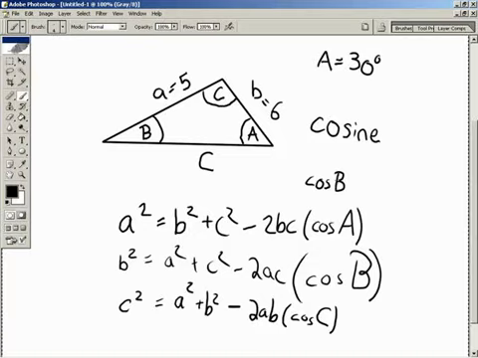What did I use to turn cosine of B into B? I don't remember. Maybe if you look at a calculator and look at all the pictures of words.